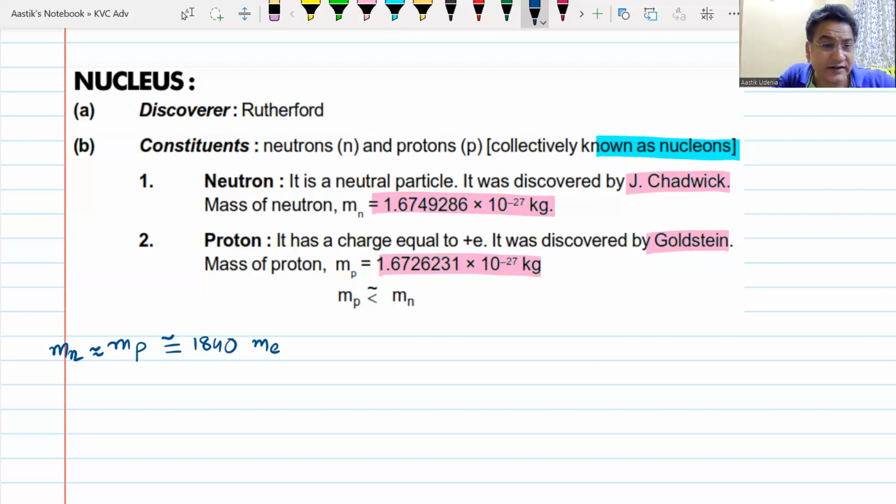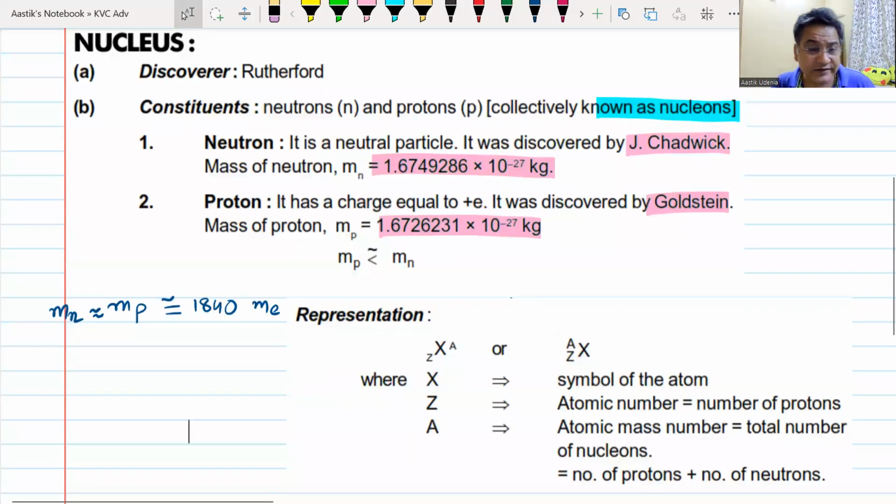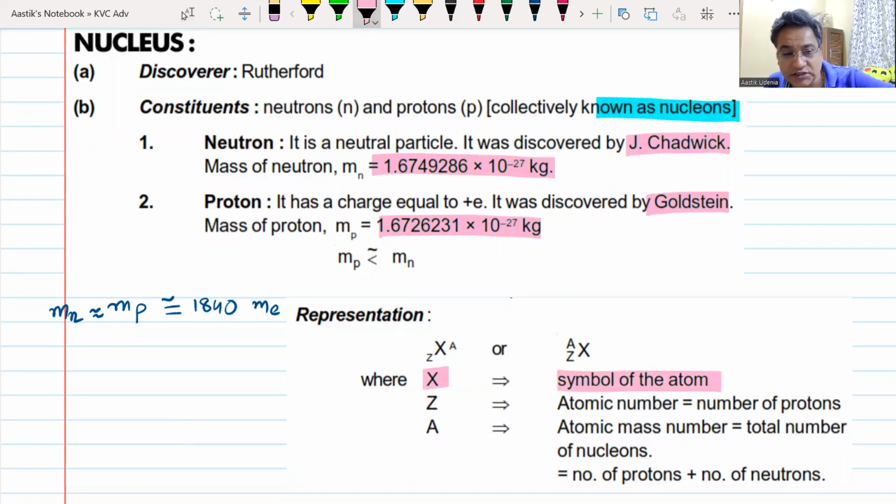Here you can represent the nucleus of that atom. This X stands for the symbol of the atom: hydrogen, H; helium, He; oxygen, O; carbon, C; nitrogen, N. Do we understand this? Yes, sir.